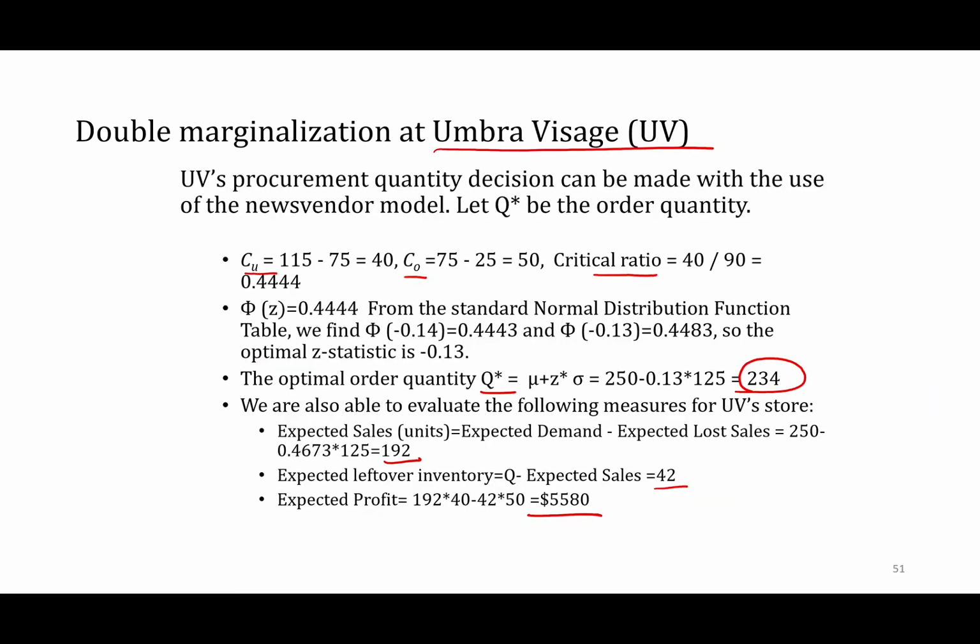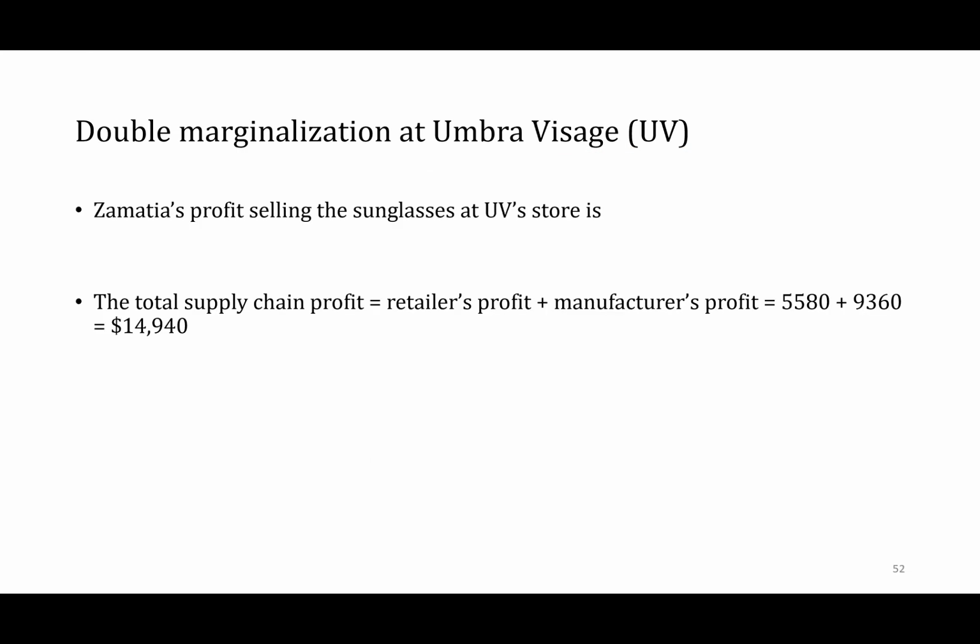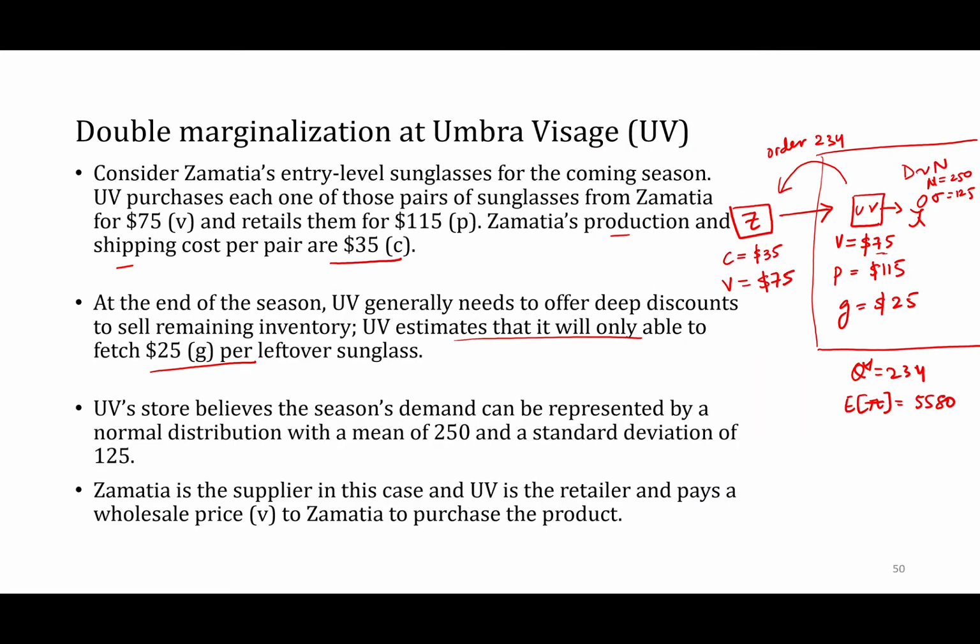Next up, how do we find Zematia's profit? We know that Zematia gets an order of 234 from UV, so they can only sell 234. On each one of the sunglasses that they sell, how much money do they make? They make 75 minus 35, or $40.